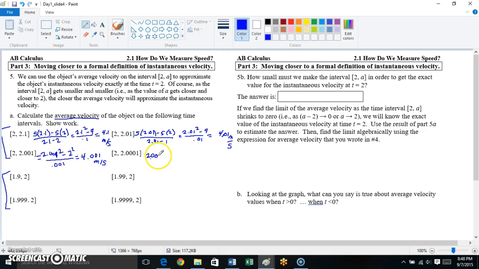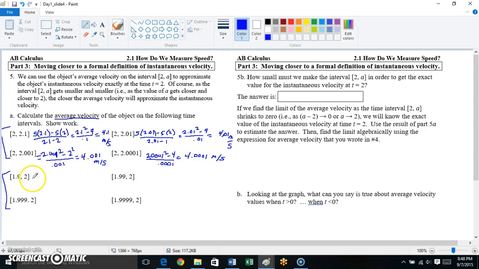Here, 2.0001 squared minus 4 over 0.0001 seconds, 4.0001 meters per second. So you can see in each of these calculations that our value, 4.1, 4.01, 4.001, we're getting closer and closer and closer to 4.